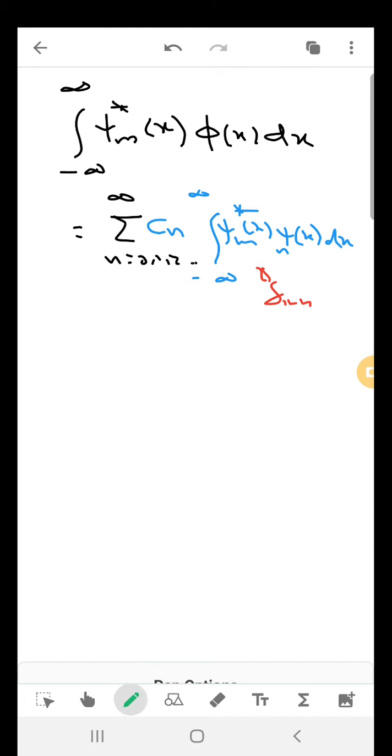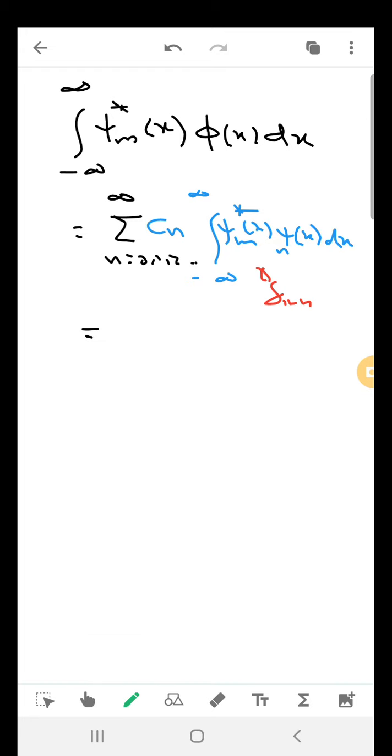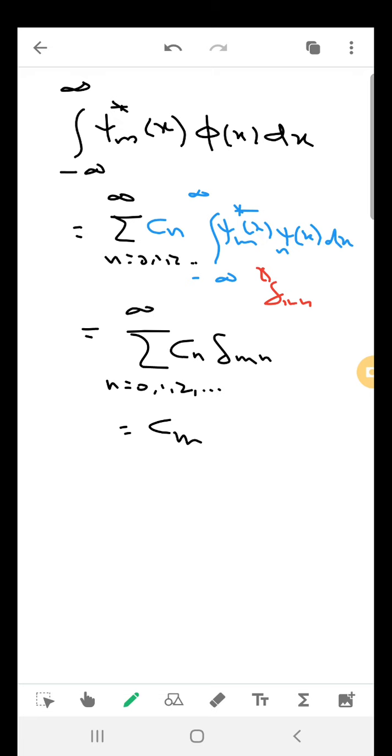So you can write this as the sum over n is equal to 0, 1 to infinity of Cn delta mn, and that makes it equal to Cn.